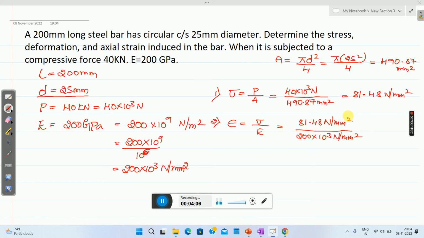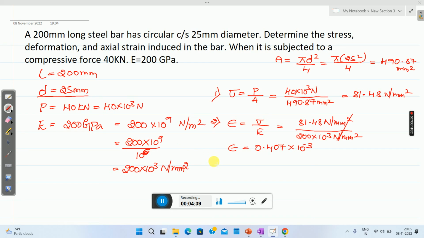So Newton per millimeter square divided by Newton per millimeter square will be cancelled. Okay. So on simplifying this, you will get strain epsilon as 0.407 into 10 raised to minus 3.